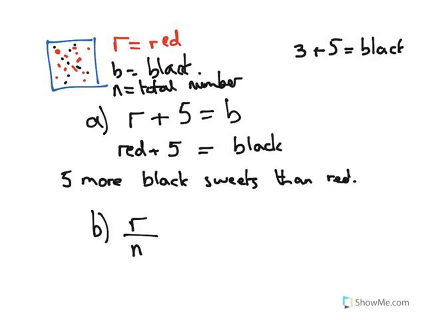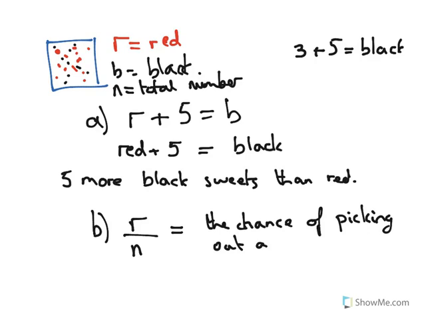So R divided by N is the ratio of red in the total box, or the probability, the chance of you picking out a red sweet randomly. The ratio of red to the total number of sweets.